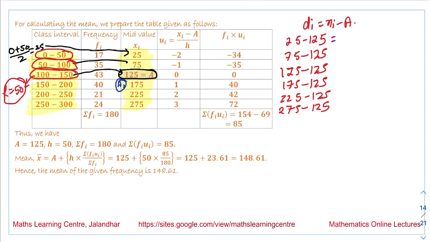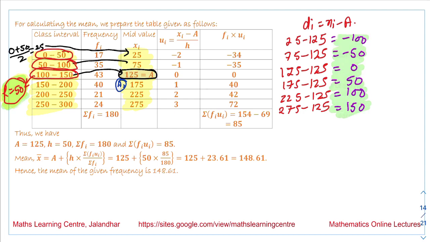On calculating these values, we get minus 100, then minus 50, then 0, then 50, then 100, and this is 150. We can see from here that this value of h, that is equal to 50, divides all these values.